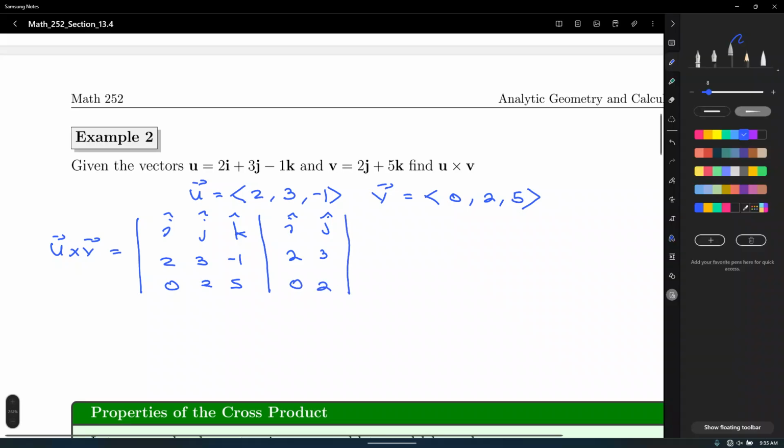Let's do the products along the main diagonal. i times 3 times 5, that's 15i. j times -1 times 0, that's 0j. I'm writing it just for the sake of notation. And lastly, k times 2 times 2, that's 4k.